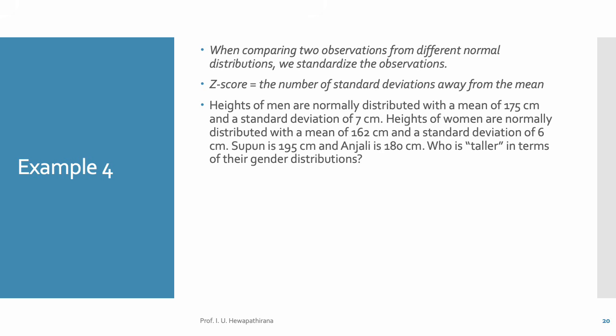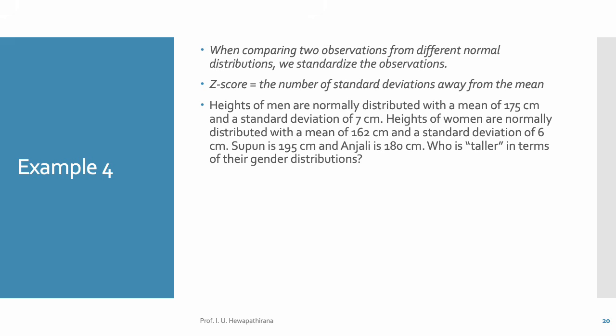Heights of women are normally distributed with a mean of 162 centimeters and a standard deviation of 6 centimeters. Let's say Supun is 195 centimeters tall and Anjali is 180 centimeters tall. Who do you think is taller in terms of their own gender distributions?